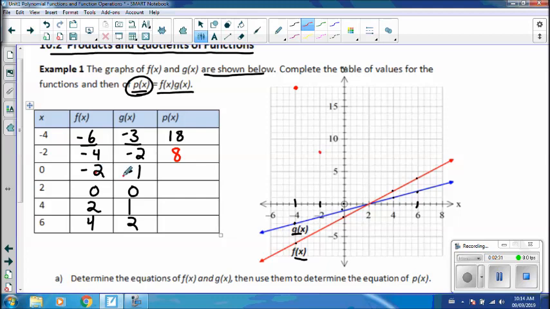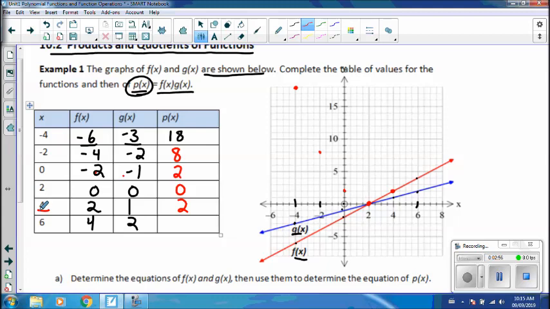-2 times -1 for our third point is +2. So 0 and 2 is right there. Next, 0 times 0, well, that stays 0. So this is that point. 2 times 1, 2. Well, there's that point, when x is equal to 4.